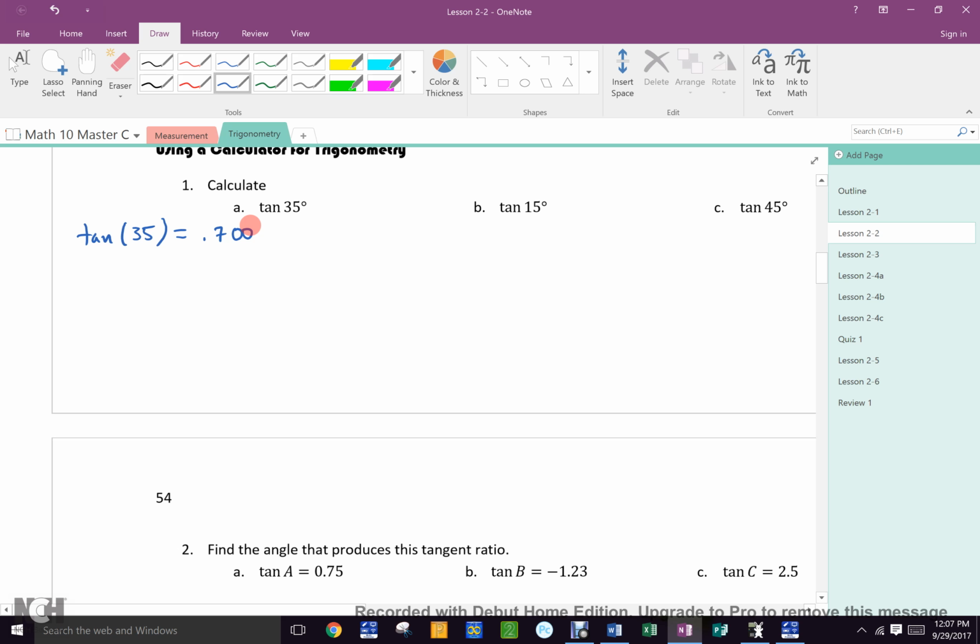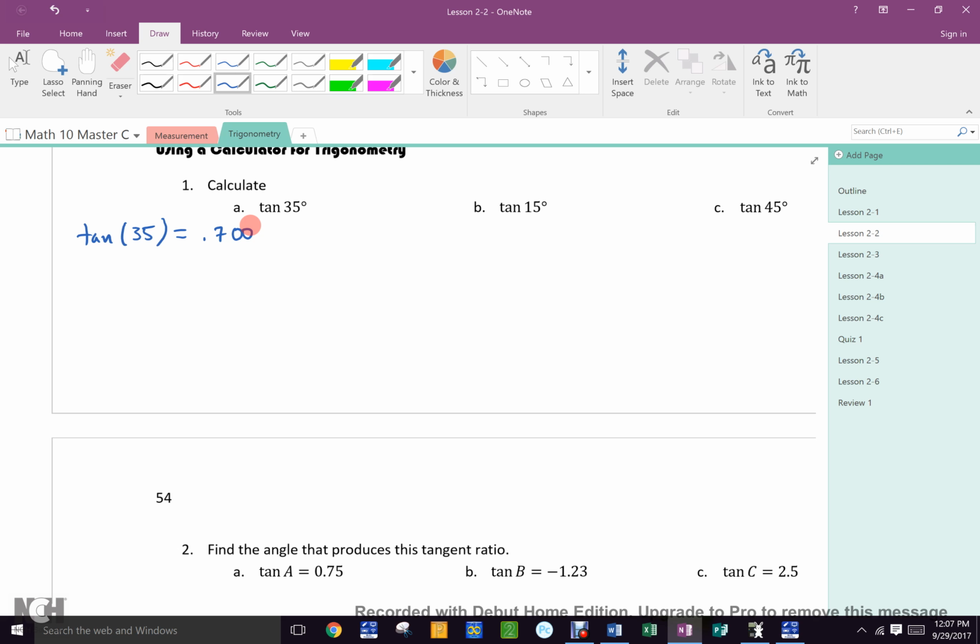You just push tan. You need to reset your calculator. You have degrees showing. You need to push the button. It says tan, 35, and equal. Don't worry about it. We'll sort that out.